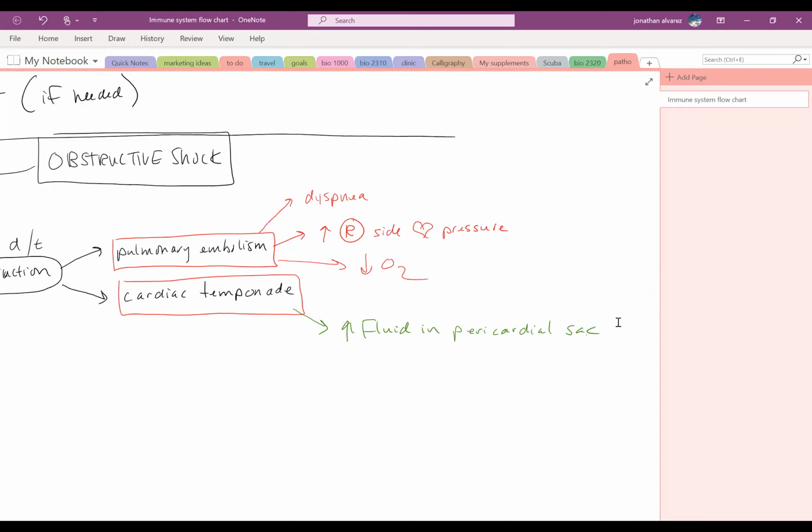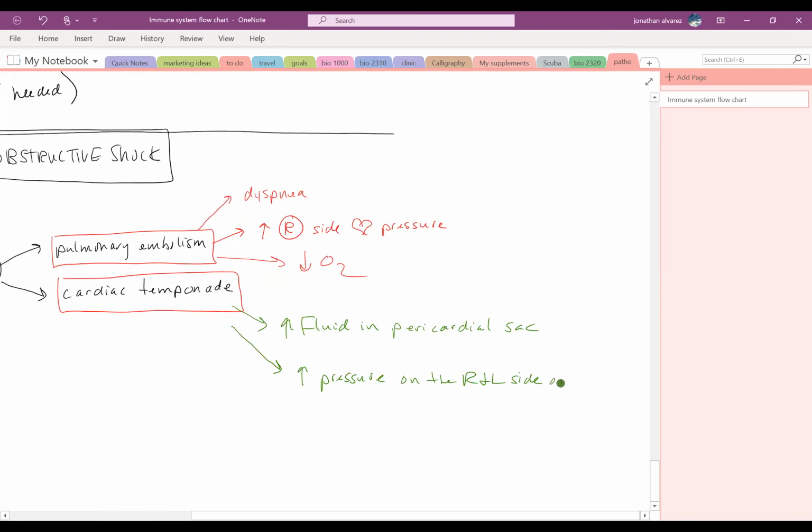And because of the increased fluid, this is actually going to increase the pressure on the right and left side of the heart. Okay. So as a very simple analogy, it's like taking both of your hands and just squeezing the heart.